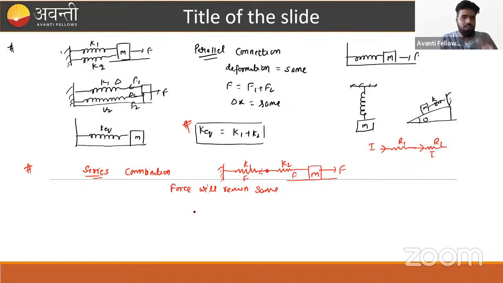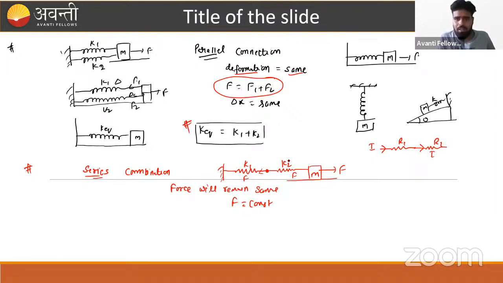There are two types of parameters which we need to understand. One is the displacement and another is the force. In parallel connection, deformation or displacement is the same, then force is divided. So in series connection, if force remains constant, then which parameter will get divided? There is only one option, that is the deformation.